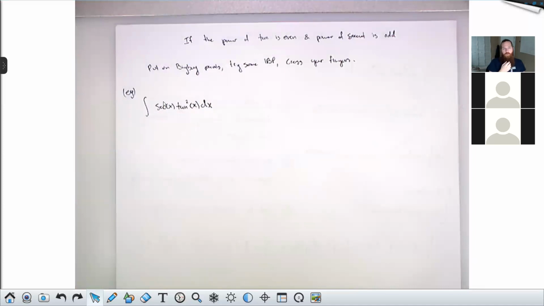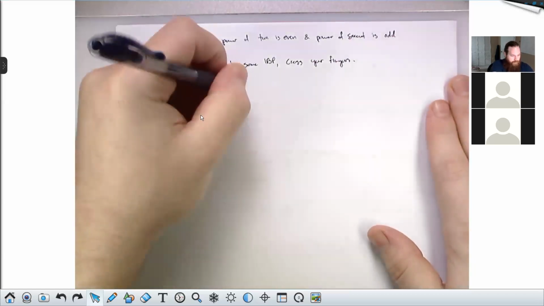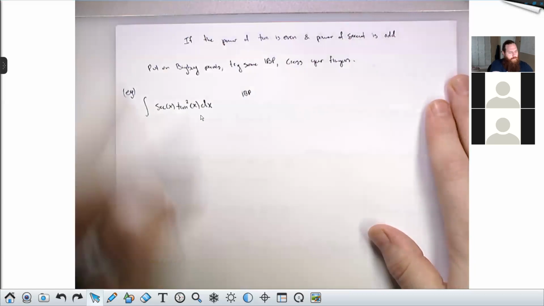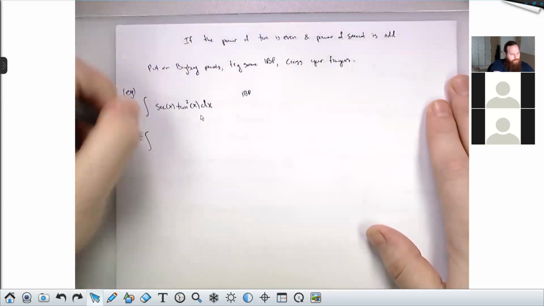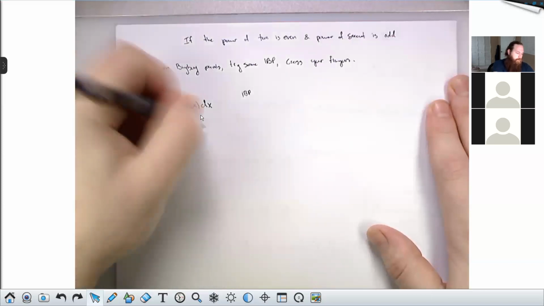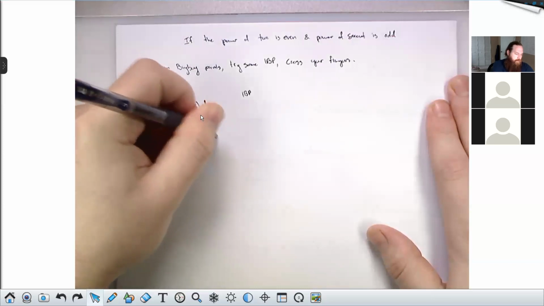Secant times tangent squared. One option is to rewrite tangent squared as secant squared minus 1. And then that will give you a secant cubed integral. Another option is to jump in with some IBP. I can think of this as secant x tangent x times tangent x dx.